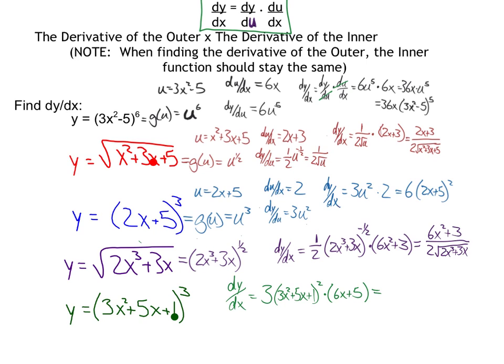So that's going to be 18x plus 15, and then that's going to be times 3x squared plus 5x plus 1, quantity squared. And that'll be our final answer.